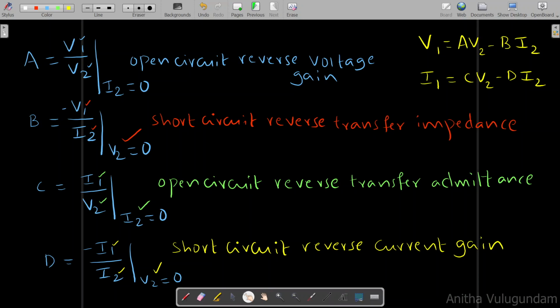If the ratio is port 2 variable to port 1, you should write it as forward. If it is V by V, you can take it as a voltage gain. If it is I by I, you should write it as a current gain. If it is V by I, you should write it as a transfer impedance, and if it is I by V, you should write it as a transfer admittance. This is how we can define A, B, C, D variables for ABCD parameters.